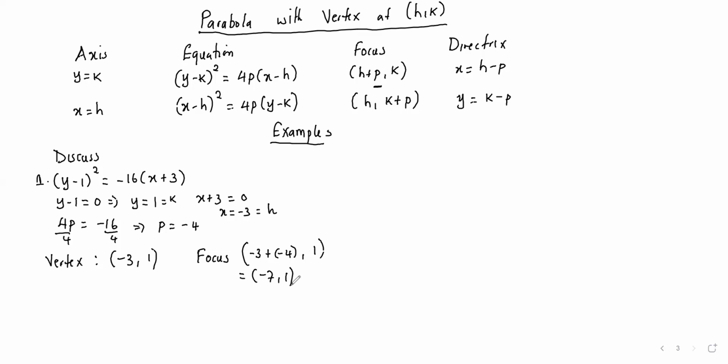Okay. What else do we need? The directrix. So what's the directrix? x is equal to h minus p. But we are told that h is what? h is negative 3. Minus p, p is minus 4. So we get minus 3 plus 4, which is equal to positive 1. And so we can put up the sketch.